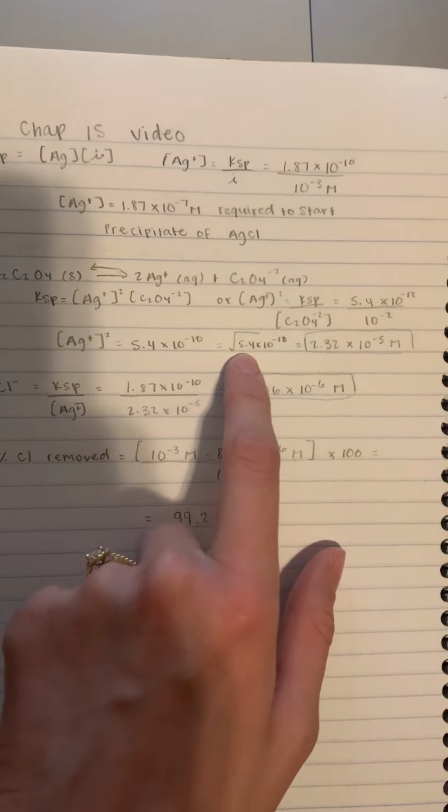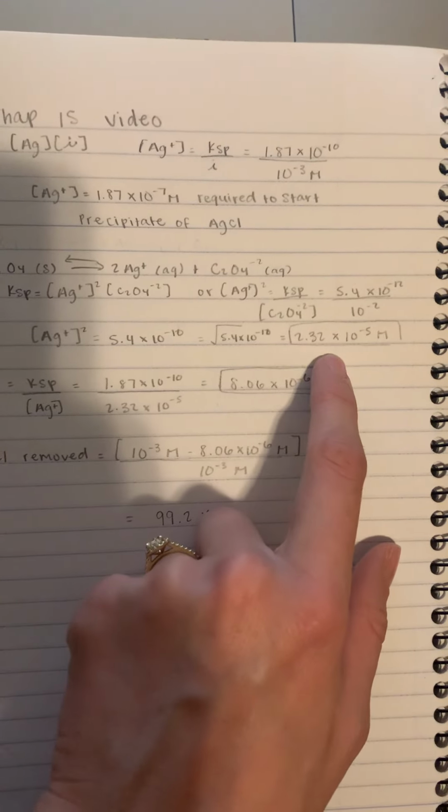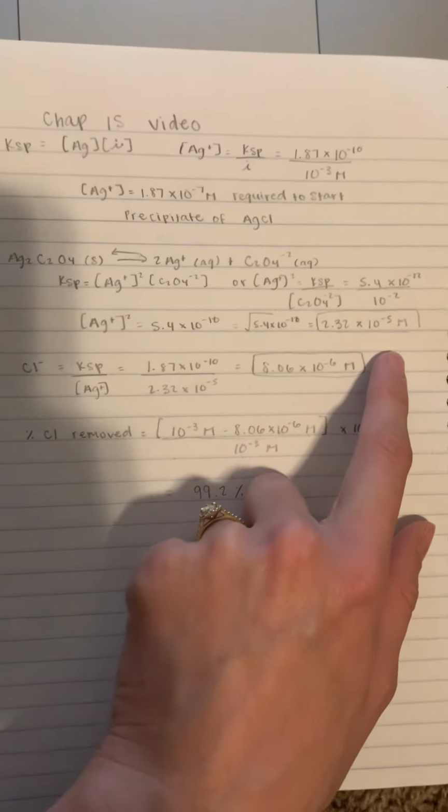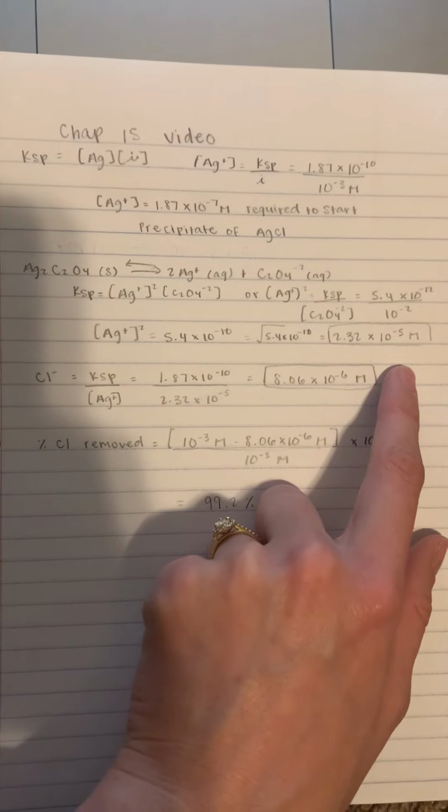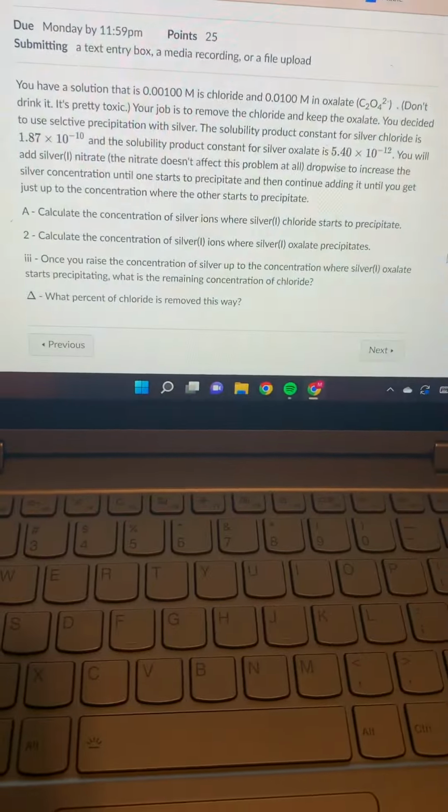So then we take the square root of that and we find 2.3 times 10 to the negative 5th molarity.